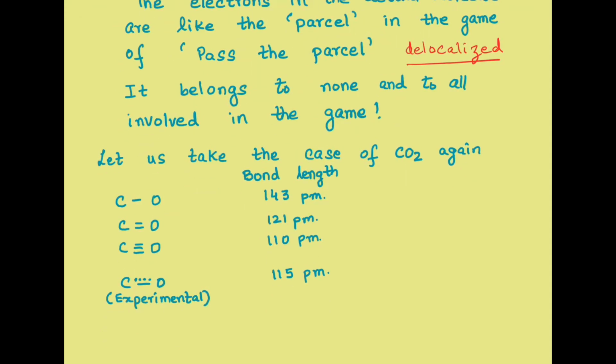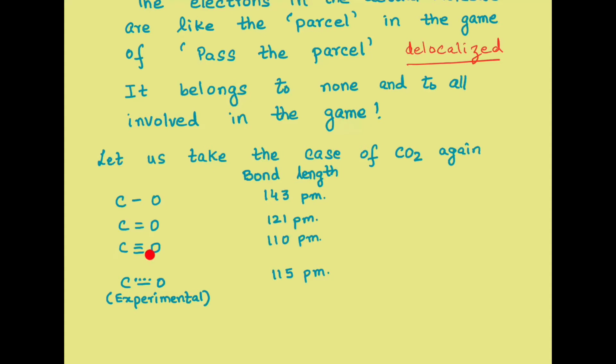Now, explaining it in the language of chemistry, you compare the carbon-oxygen bond length, single bond, double bond, triple bond. See the values 143, 121, 110. But when we experimentally observe the carbon-oxygen bond length in carbon dioxide, we notice that it is 115.